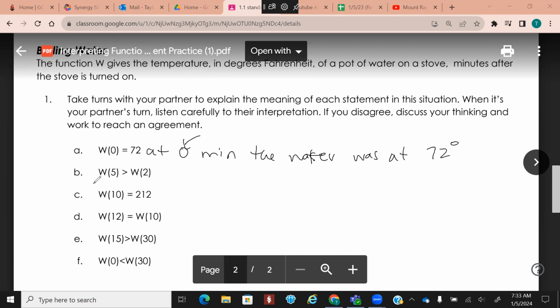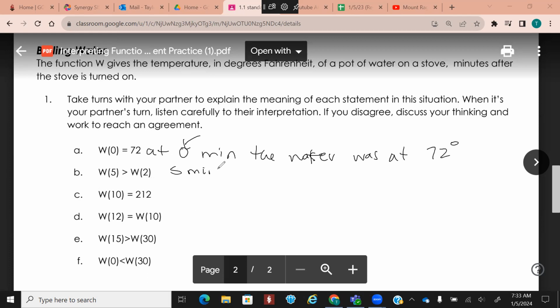Okay, good. What about B? It's true, but interpret what it means. Boom, okay, cool, good.